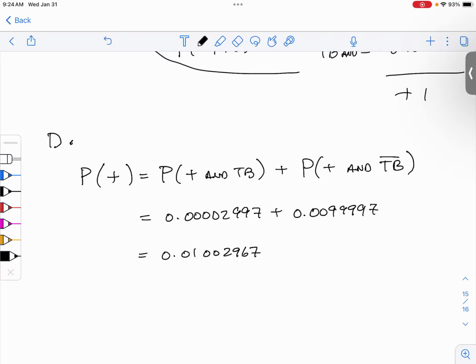And again, we're going to like 8 decimal rounding here just because these values are so small.